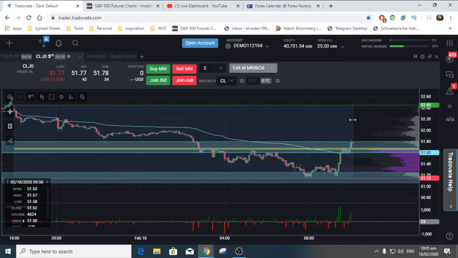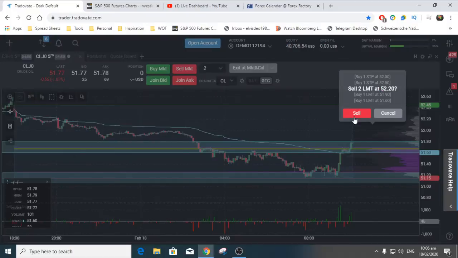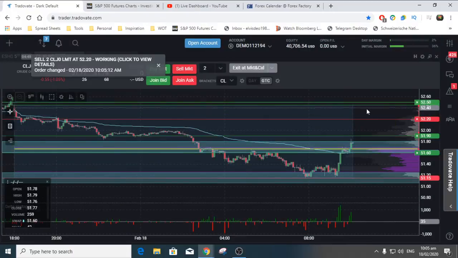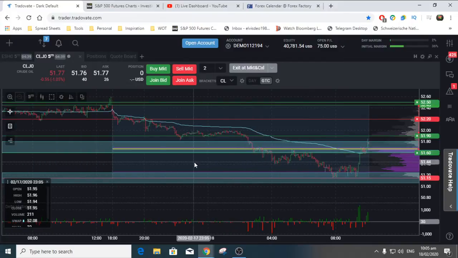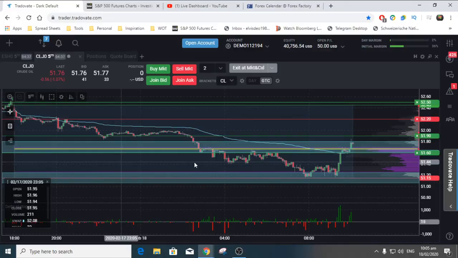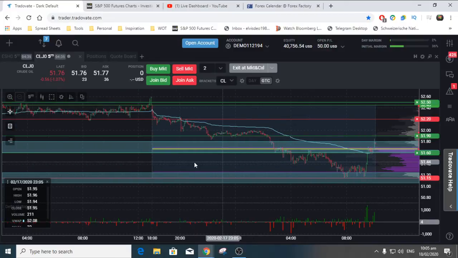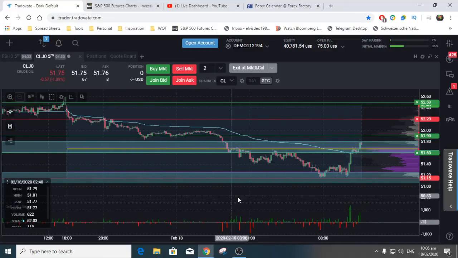So we do have a short right here at 5220 with stops above. You can see why we have 5220, range high, range low. We already got what we required from the market, playing the range. 5180 is your possible sell point. Don't want to be in the market here, still seeing bulls in the market.